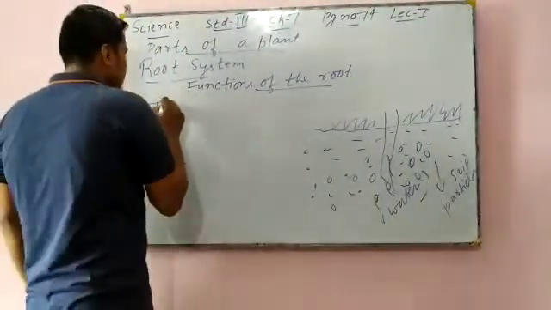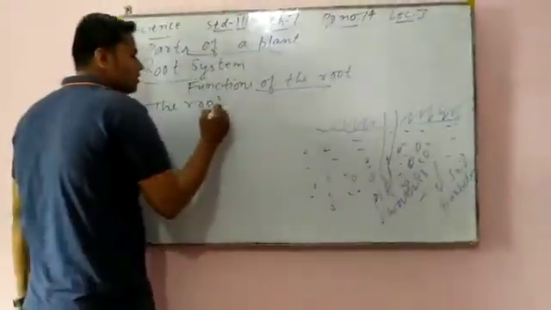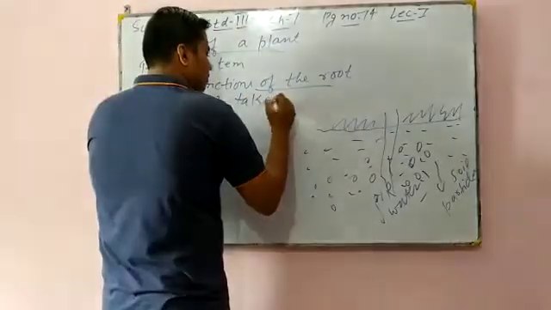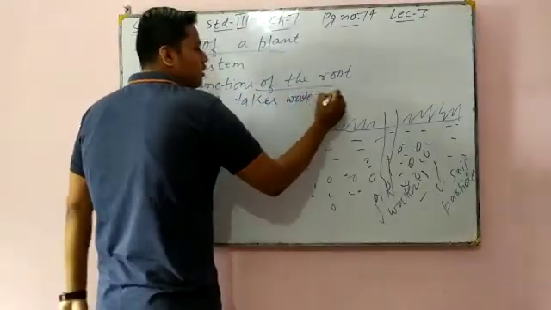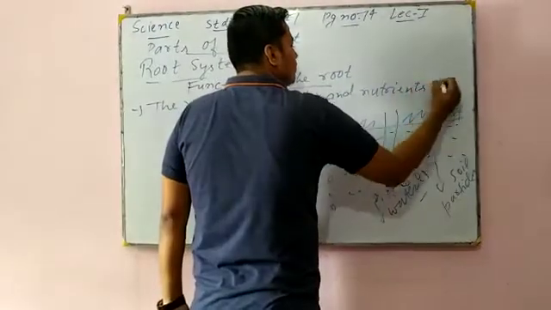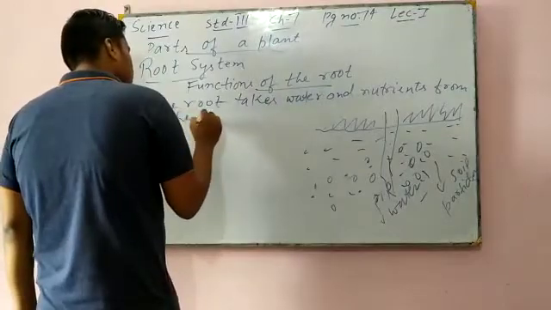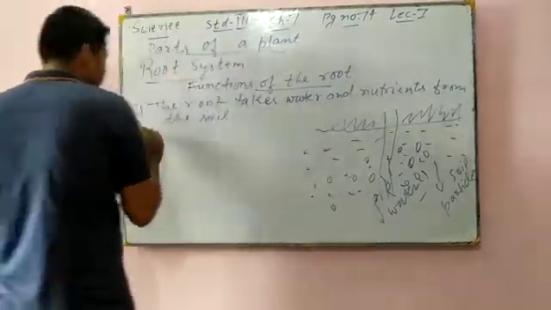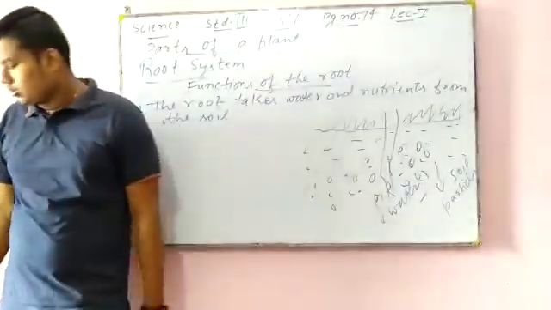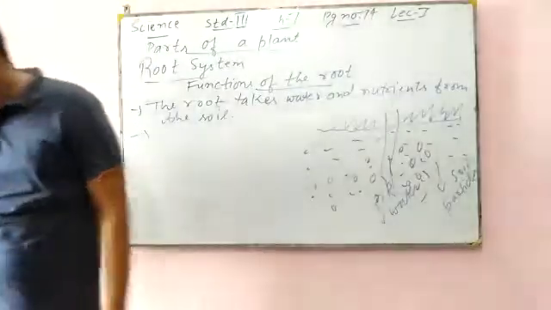So first, the root takes water and nutrients from the soil. Okay, the work of root is that it will take water and nutrients from the soil and it will give that to all other parts of the plant.